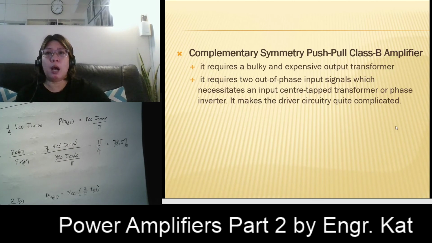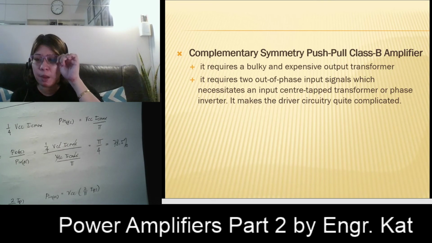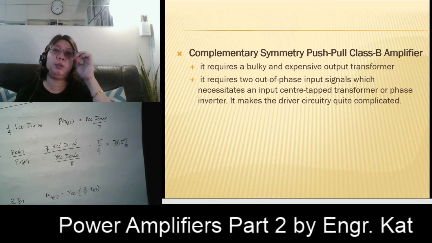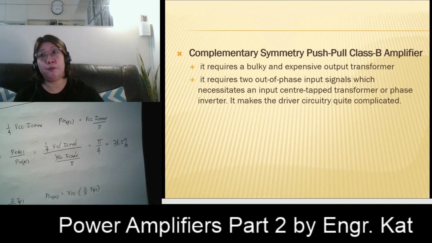Okay. We also have another circuit, and we call this the complementary symmetry push-pull class B amplifier. Why? What's the problem with the previous balanced amplifier? The previous amplifier circuit requires a bulky and expensive output transformer.